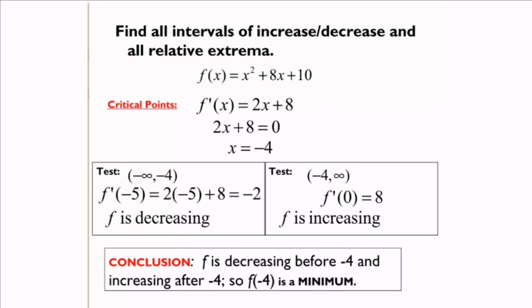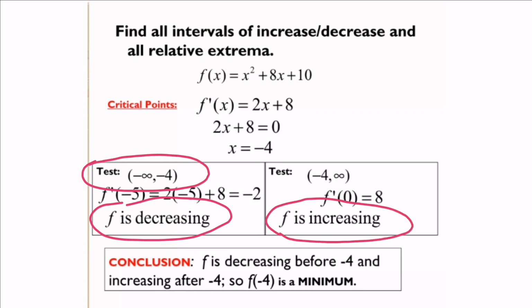So f dash of minus 5 becomes minus 2, and f dash of 0 is equal to 8. So clearly, function f is decreasing on first subinterval from minus infinity to minus 4, and function f is increasing on second subinterval from minus 4 to infinity.